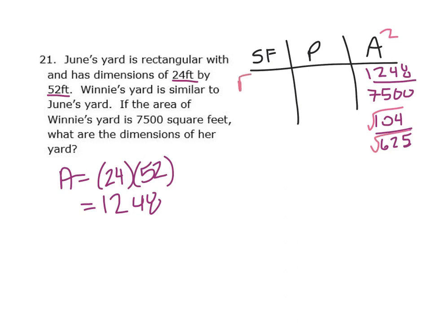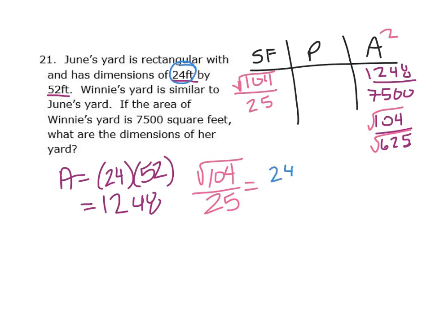So my scale factor, 104 doesn't divide evenly. So square root of 104, or if you want to use a decimal, you can. The square root of 625 is 25. So I'm going to do the square root of 104 over 25, and I'm going to set that equal to one dimension, 24 over x, cross multiply.